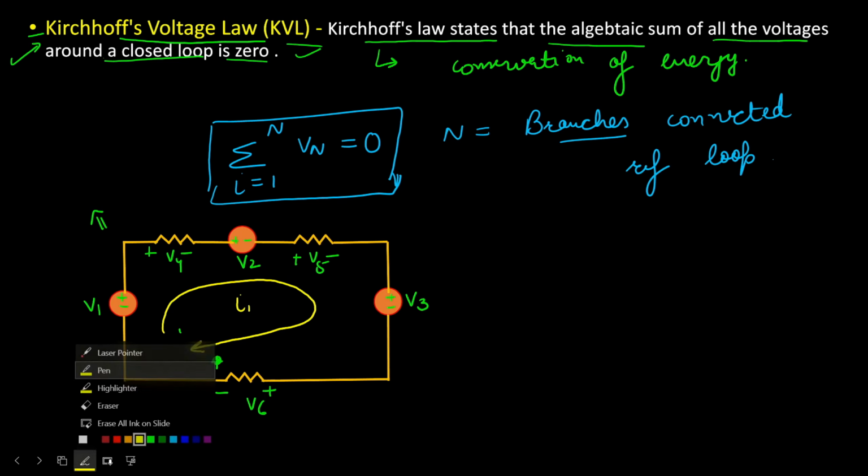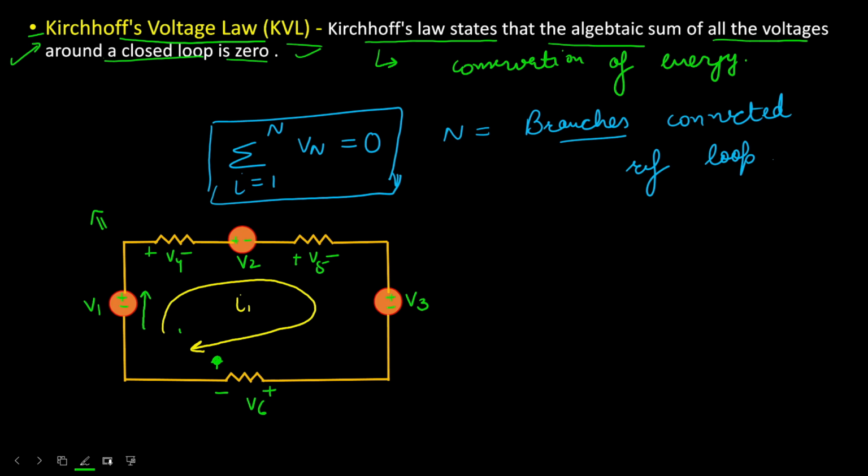You need to understand one thing. While traveling through a loop, if there is a potential rise, meaning the current is flowing from the negative terminal towards the positive terminal, then we will apply a positive sign. For a potential drop, we will apply a negative sign.